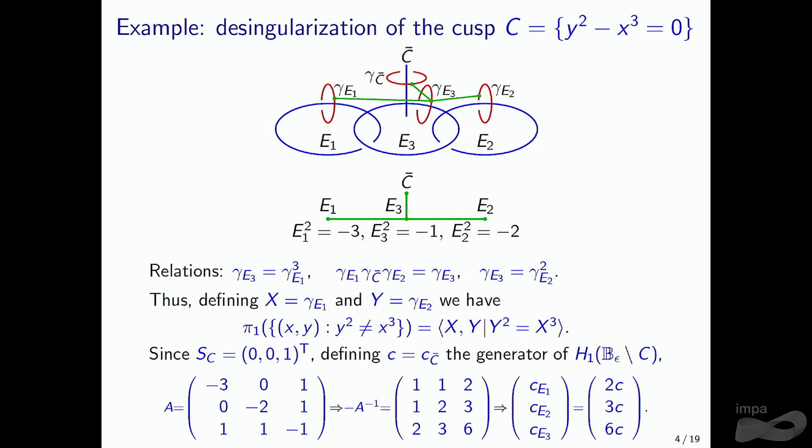So 2, 3, 6 are this column, and this encodes the vanishing order of the cusp along the components of the exceptional divisor.